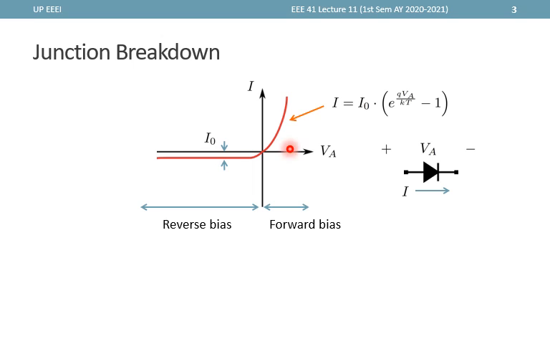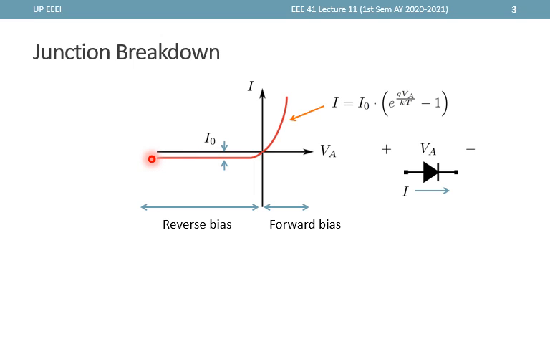Since at enough reverse bias, this term here approaches 0 and we're left with minus I naught. Now this equation tells us that as VA approaches negative infinity, then we'll just maintain the value minus I naught.